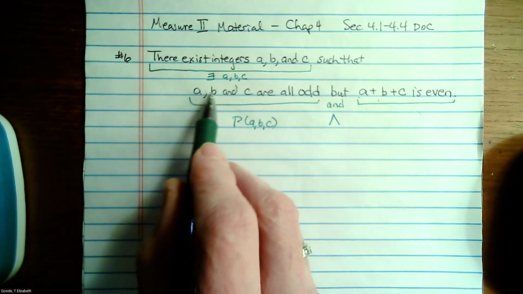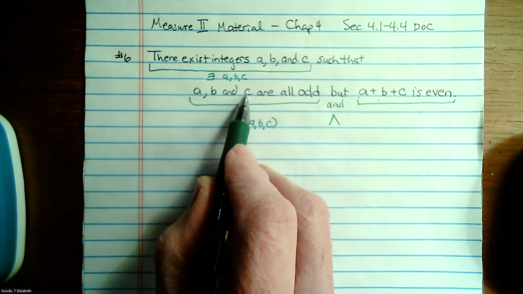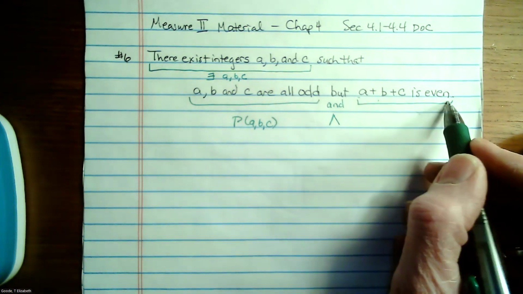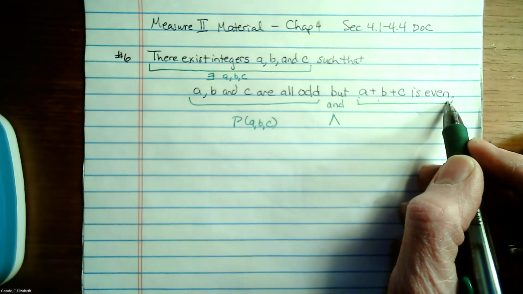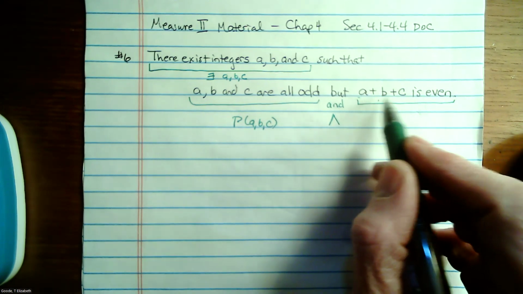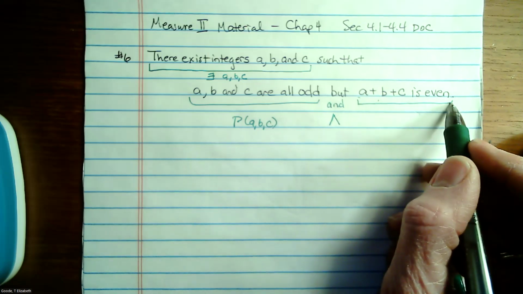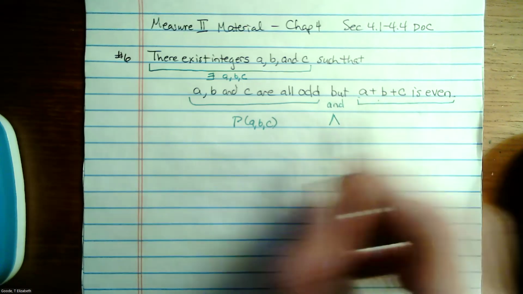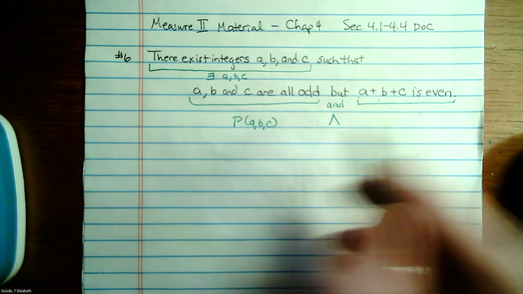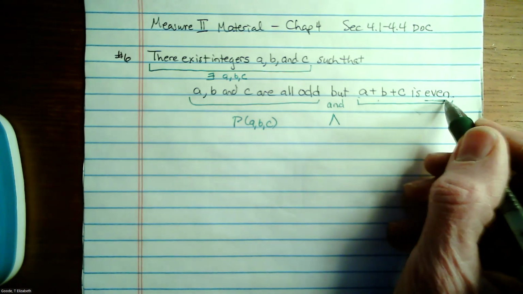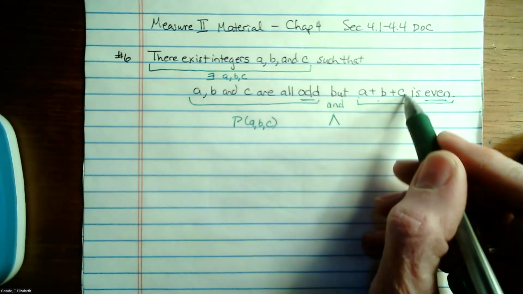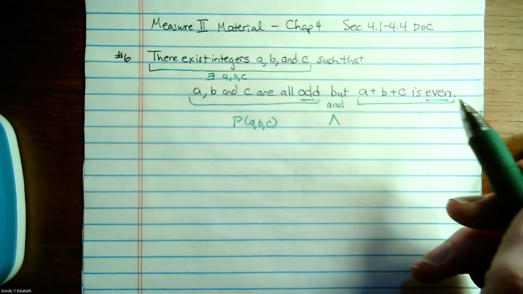It's talking about three different numbers being odd. Whereas this predicate does involve three numbers, but it's not saying that all three of these are even or that at least one of these is even. This is about a single quantity being even.